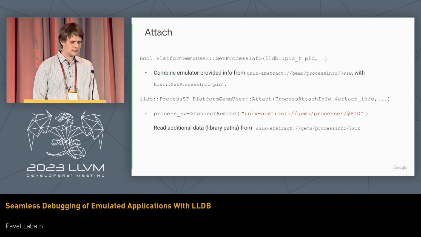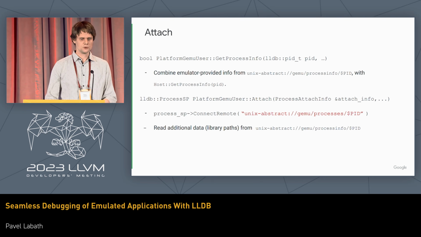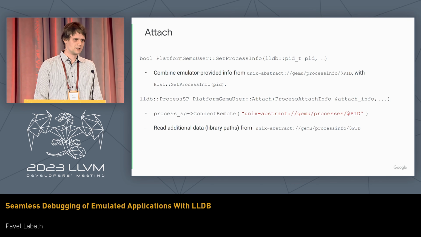Attaching is slightly more complicated because we need to establish communication with an already running emulator. And the way we've done that is by having the emulator listen on Unix domain sockets and provide information to LLDB. So for each emulated process, we have two sockets.